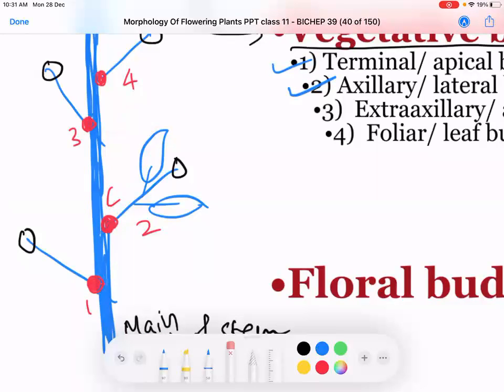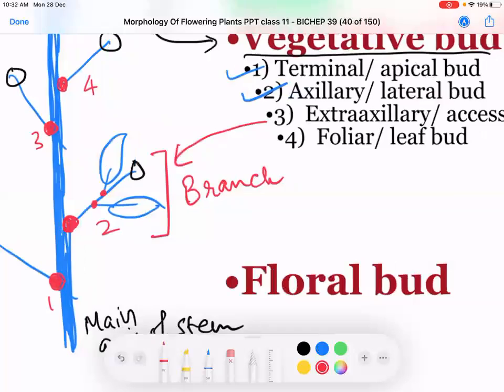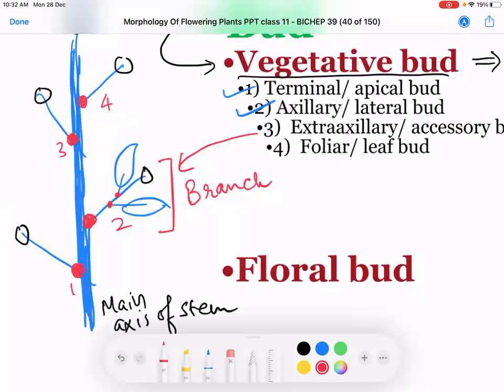So the leaf is grown from a particular secondary place of a branch. This is a branch. So if a bud is present on a branch, not the main axis, then it is called extra axillary or accessory bud.